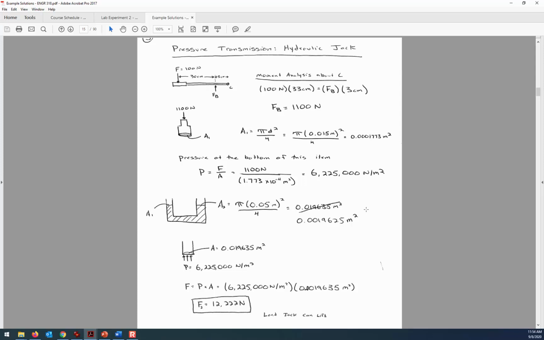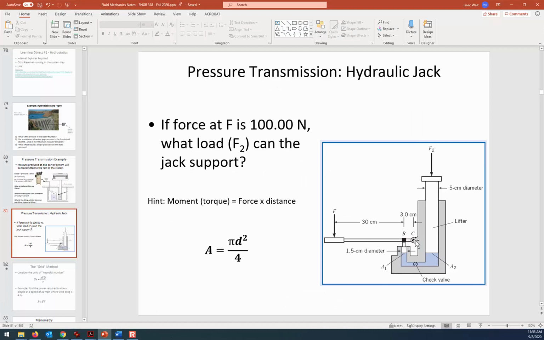Okay, thank you. Sure. Yeah, the dimensioning is a bit small there, but the thing to keep in mind is that if we're rotating about C, then the total distance from C to the point of application of this hand force is 33 centimeters. And then in the opposing direction, the clockwise rotation, the applicable moment distance is only 3 centimeters.